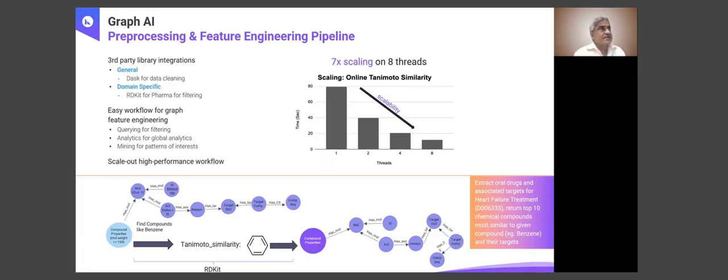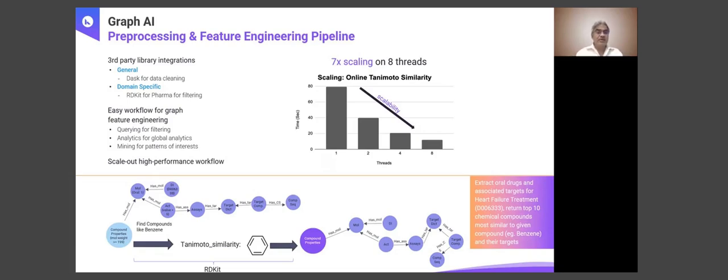So here is a slide that goes a little more into this pharma use case that I was showing you. And the takeaway from this particular use case is the need for an integrated system with querying, analytics, AI, all built into the same workflow.